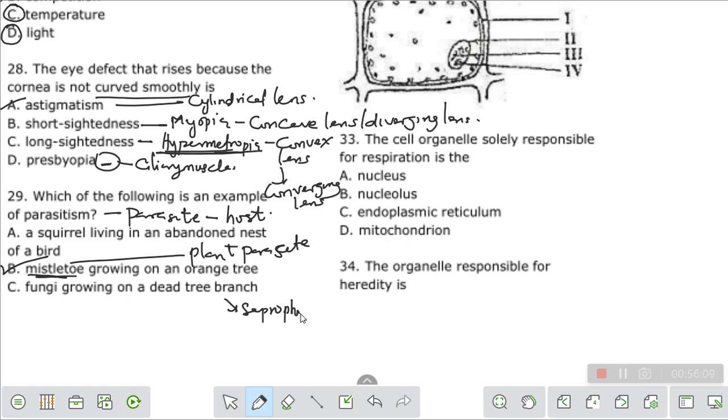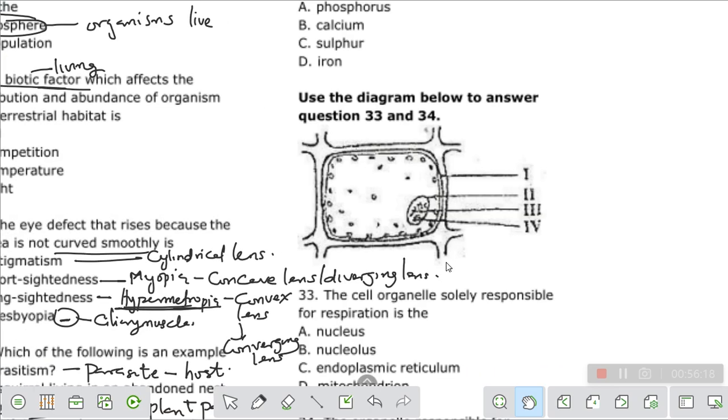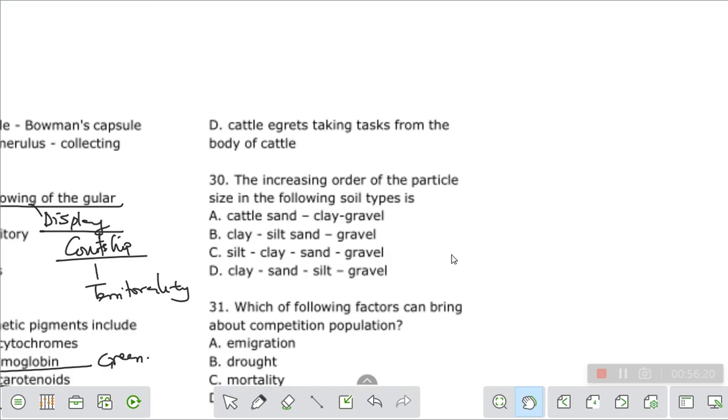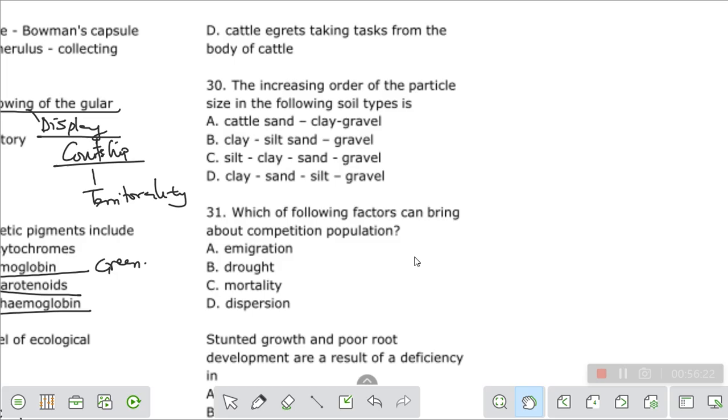Now, the increasing order of the particle size in the following soil types. I told you the particle in clay is very, very small, right? Now we're not talking of the size. In terms of increasing order, the one with the largest soil particle will be your gravel, right?